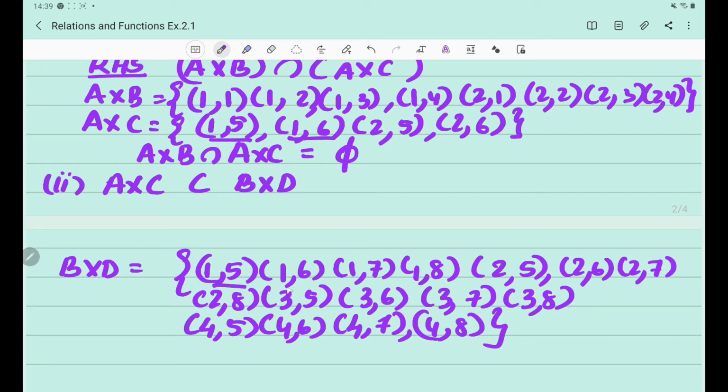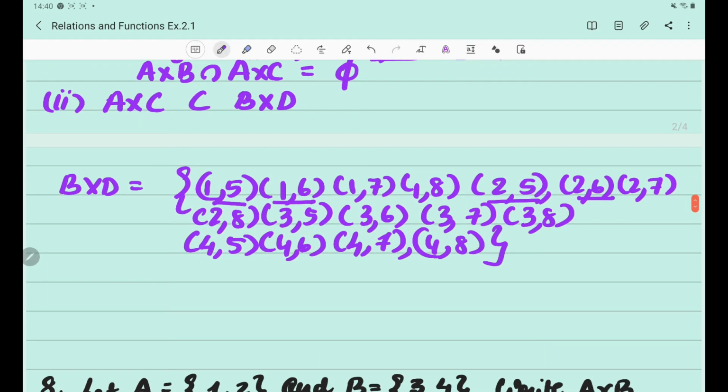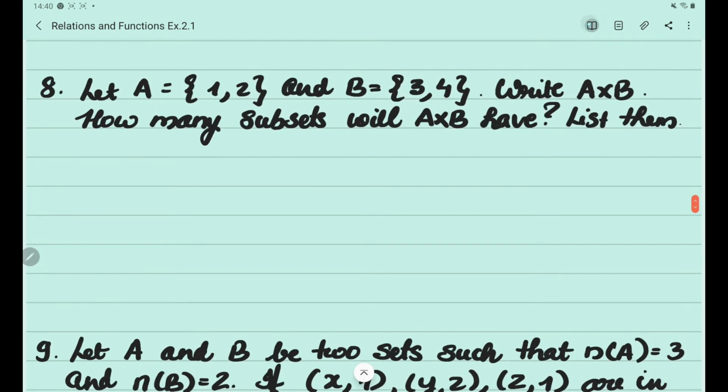Again (1,6) is also there in this set. Again (2,5) is also there in this set, and (2,6). Hence we can say that A cross C is a subset of the Cartesian product B cross D, and hence we have proved both the sub-problems in this question. So now let's directly move on to the next question.